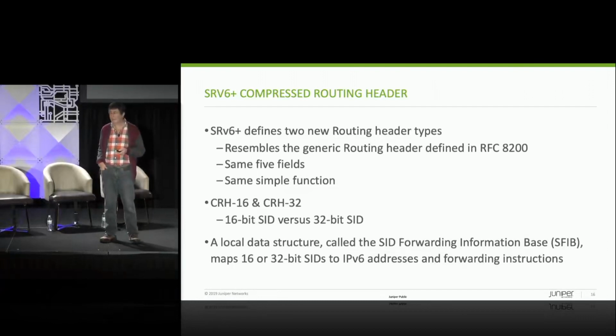One defines the SID in 16 bits, the other in 32 bits, otherwise they're identical. And there's a local data structure called the SID forwarding information base, or the SFIB, that maps this 16 or 32-bit SID to an IPv6 address and a forwarding instruction.